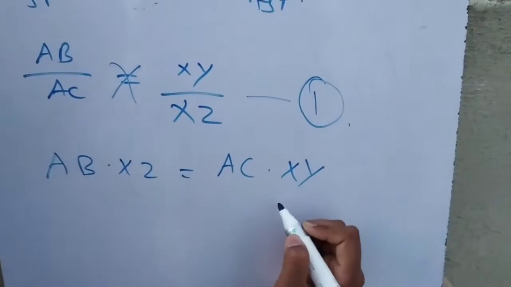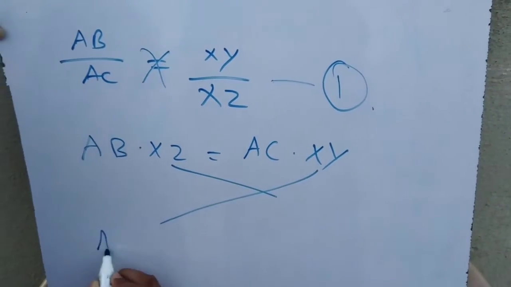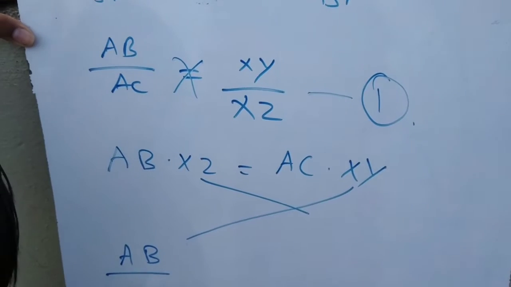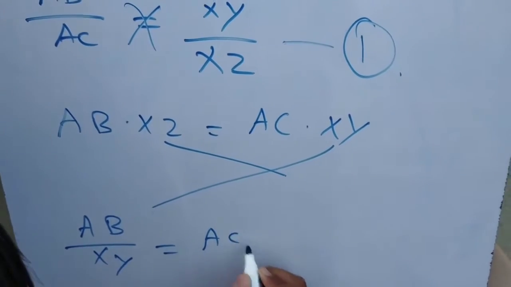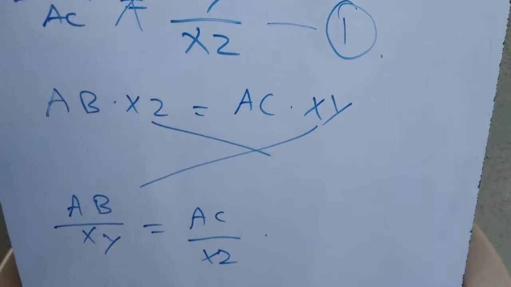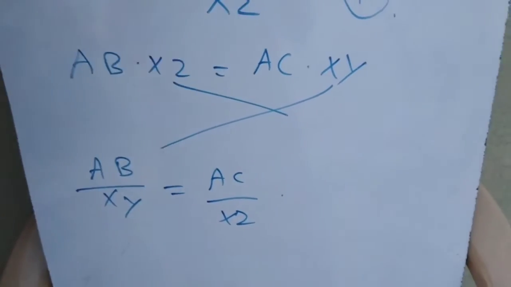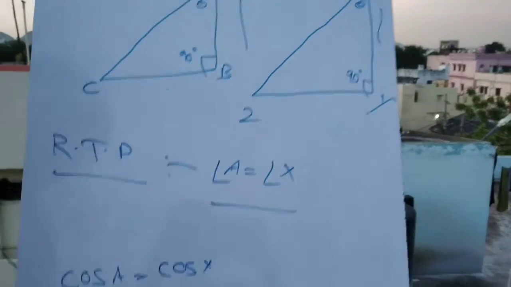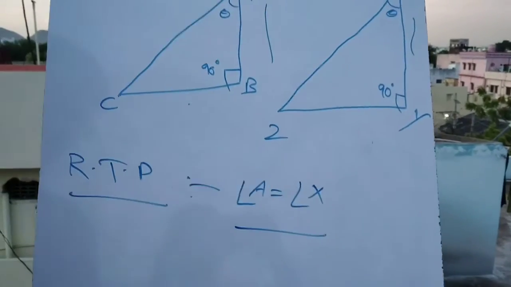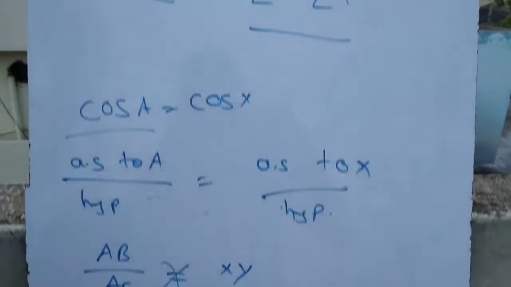Bringing XY here and XZ here, AB by XY is equal to AC by XZ. So this is the first ratio, let it be number 1.